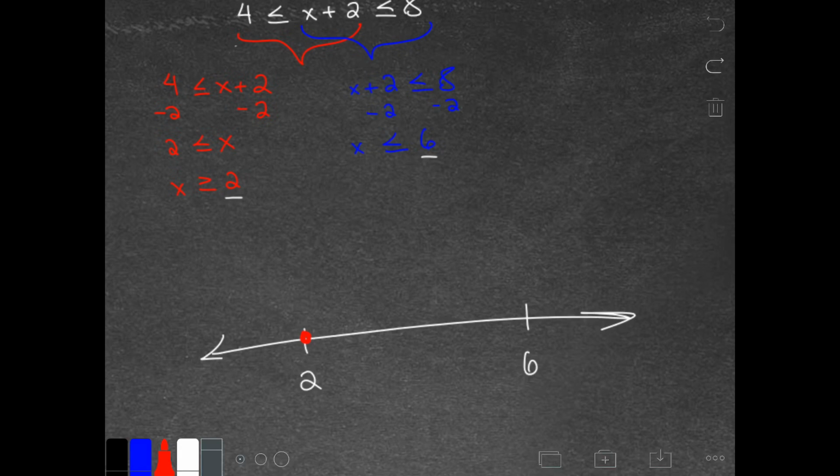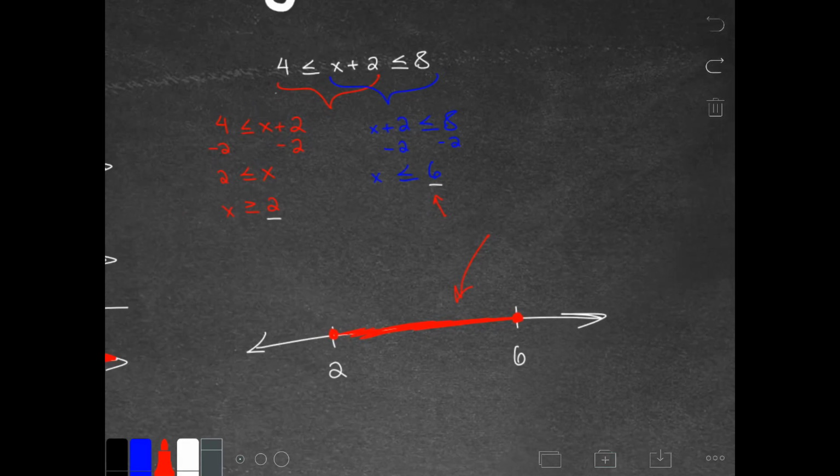We're going to fill that in, and it's going to be shaded to the right because it's greater than. If I look at my second one here, x is less than or equal to 6. So equal to, closed dot, shaded in, less than, to the left. So just like my previous chart, I have an overlapping region. All of my solutions have to fit within that area.